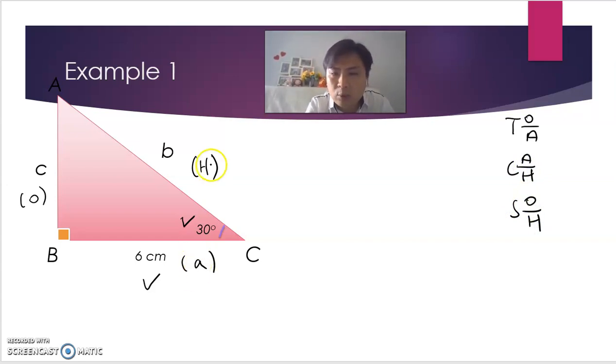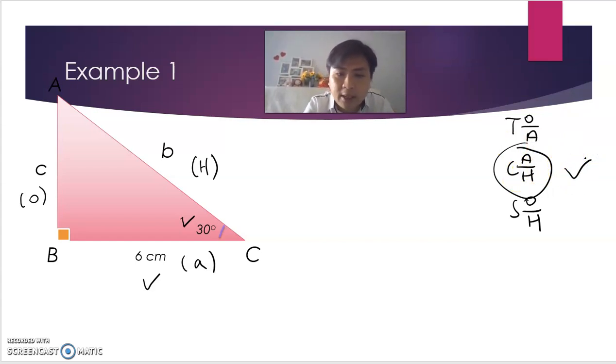Which formula will involve A and H? Is it TOA, is it CAH, or is it SOH? You realize A and H can be found in this combination, cosine. So we will make use of this formula, and that's how we make a choice.